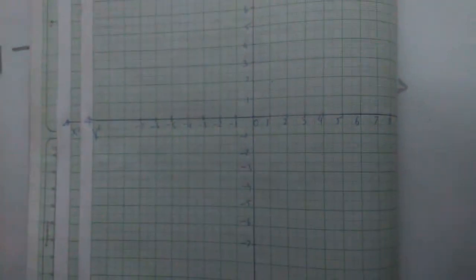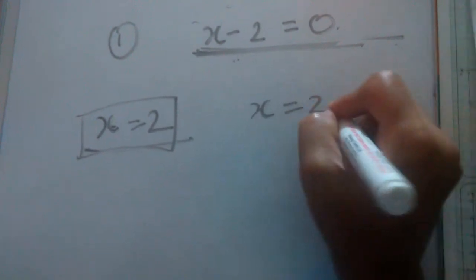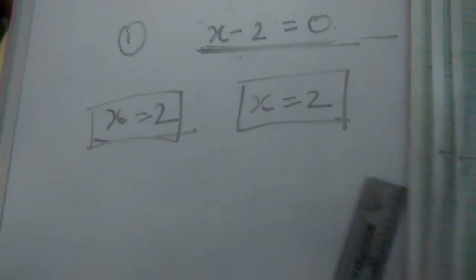Now x minus 2 is equal to 0 means my x is equal to 2, isn't it? What does this mean? It means that x is equal to 2, right? So I have to draw a line x is equal to 2. Okay? So how will I be drawing it? I'll just show you.